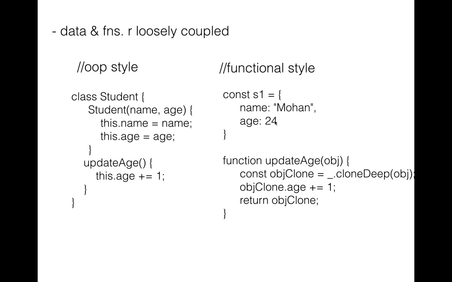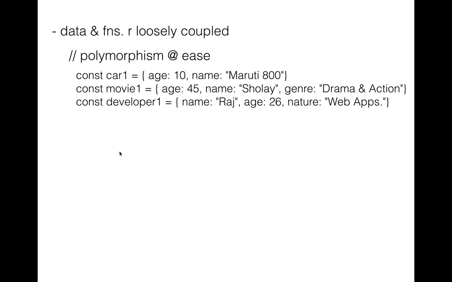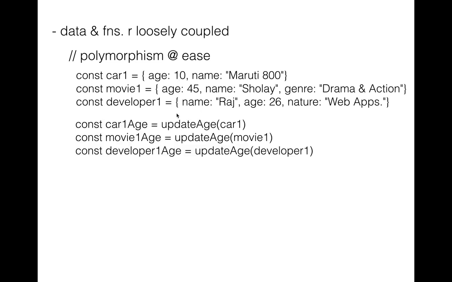So what is the benefit of keeping the data and the functions separately? The benefit is we get immediate polymorphism, or polymorphism is very easy. So here we have three objects, car1, movie1 and developer1, all having age, and so we can call updateAge on these objects and we get polymorphism immediately.